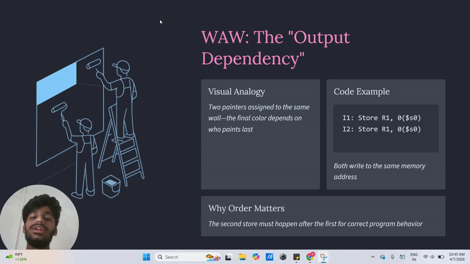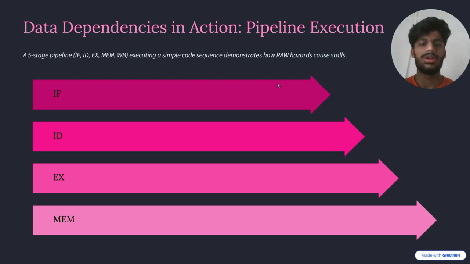Now that we understand WAW, let's see how these dependencies actually affect processor execution. In modern processors, instructions are executed using a pipeline typically consisting of five stages: instruction fetch, decode, execute, memory, and write back.